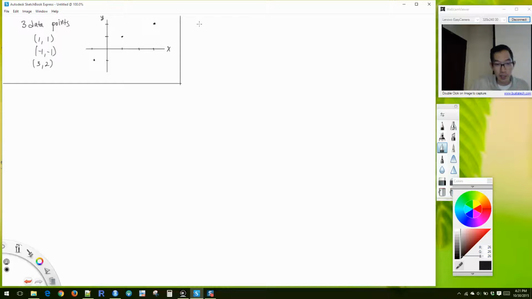Okay, so we have the vector of our y's, which will be y1, y2, y3, which is 1, -1, 2. Okay, and then the model that we're going to fit is y equal to x beta plus error. What does our x look like?